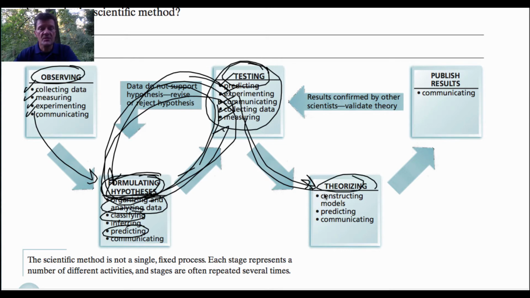If it is true, if your data supports your hypothesis, then you can go on and try to construct a theory using more models or making further predictions or talking with other people and their results. You might publicize that and have other people criticize it and either support it or deny it based upon their findings. Okay? And you might run more tests.